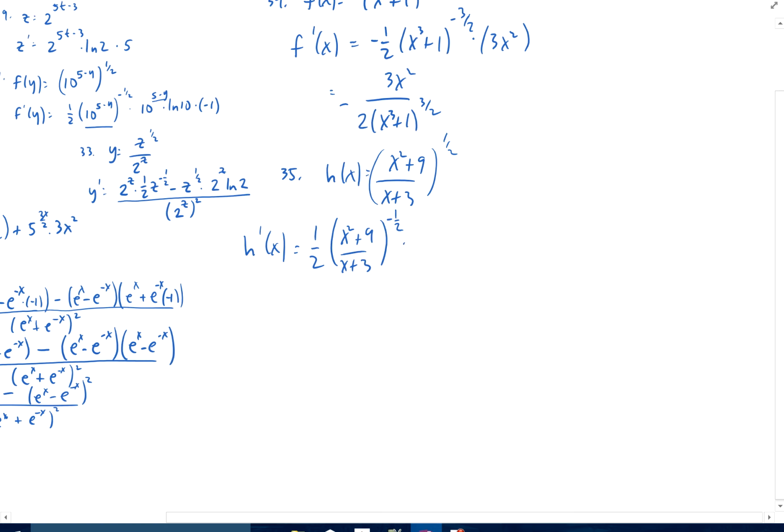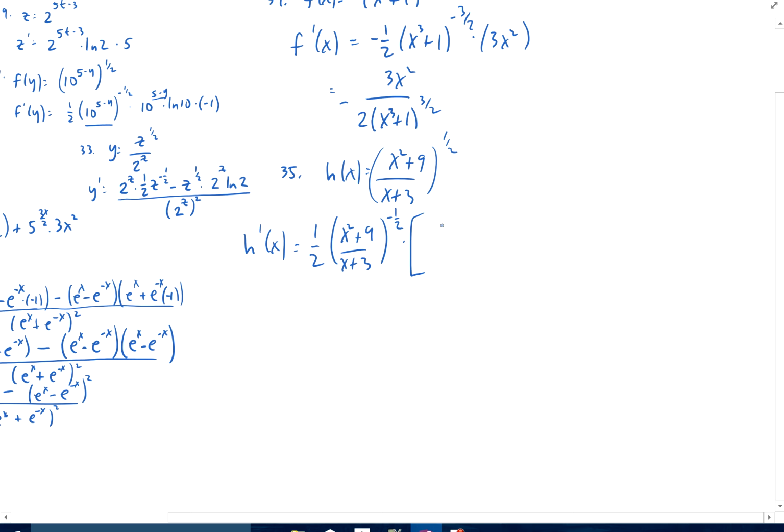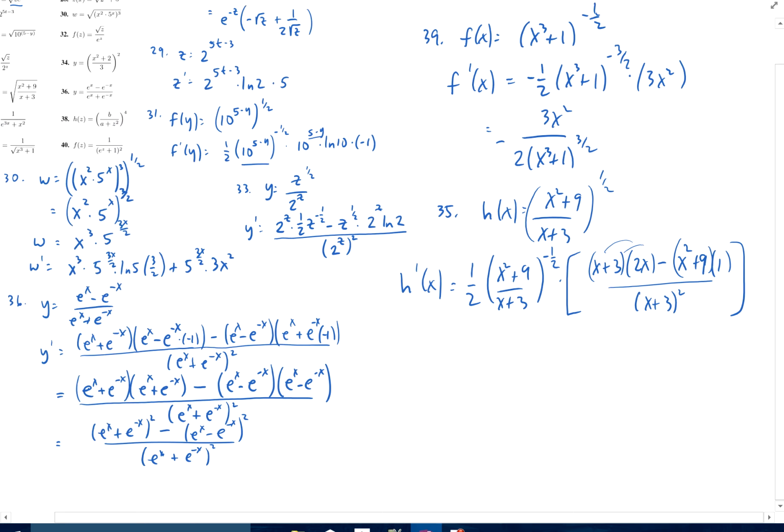Then the chain rule says times the derivative of the inside, which is the bottom, times the derivative of the top, right, minus the top, times the derivative of the bottom, all over the bottom squared. Okay, that's about all we can do. I mean, I can multiply this out some and combine some like terms possibly, but that's what we get for the derivative. Okay, call that one good.